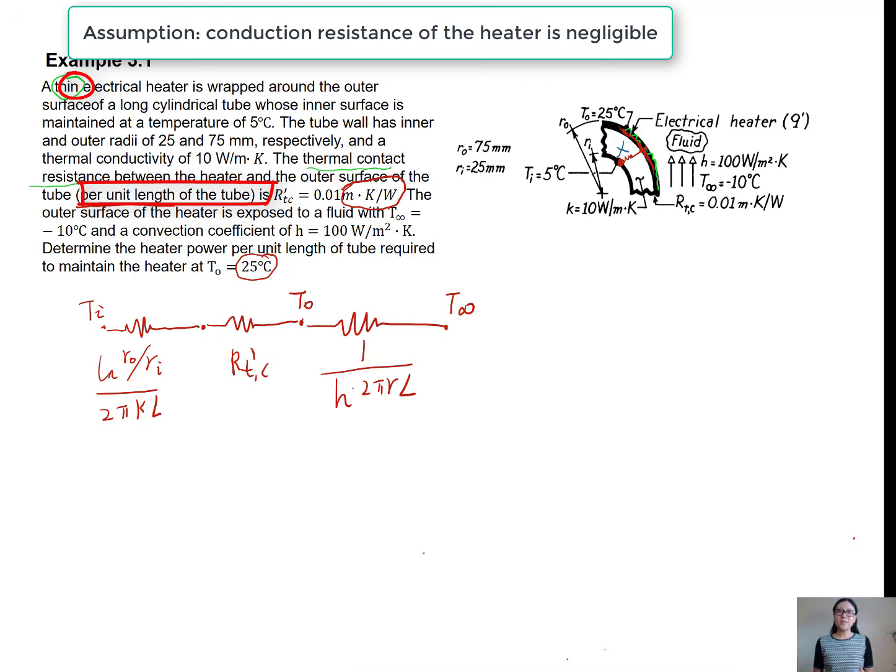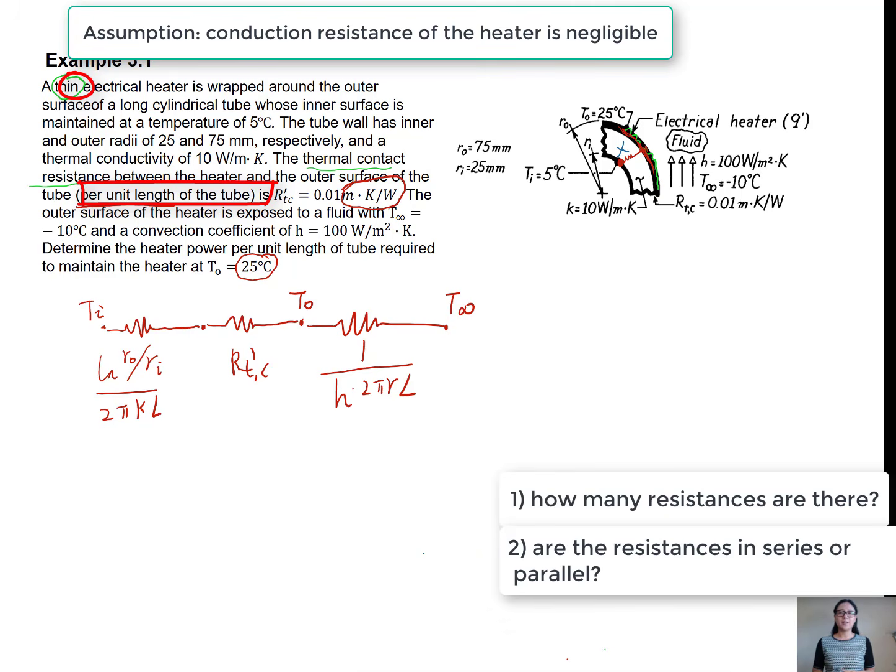Next question. What is the relation of these resistances? Are they in parallel or series? To answer this question, we should look at the direction of heat flow. To identify the direction of heat flow, first we want to check the location of the heating source. Apparently the heater is the heating source.